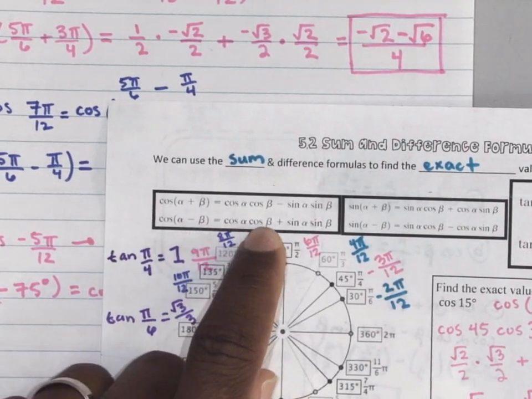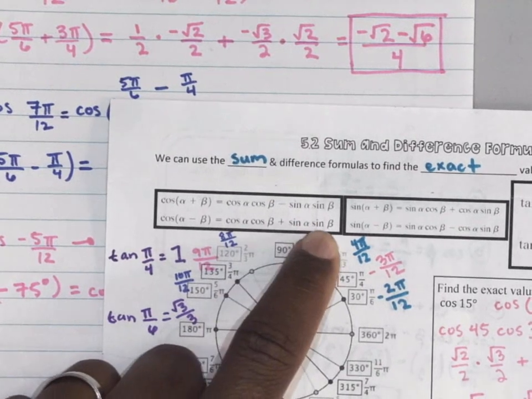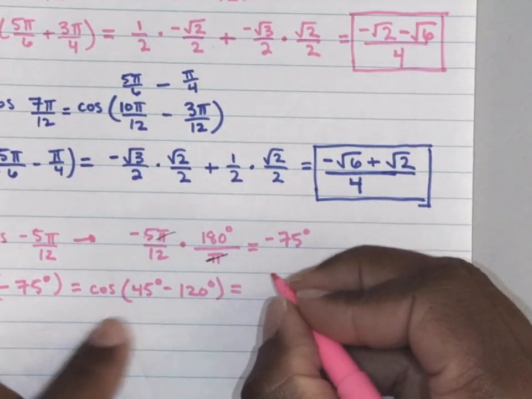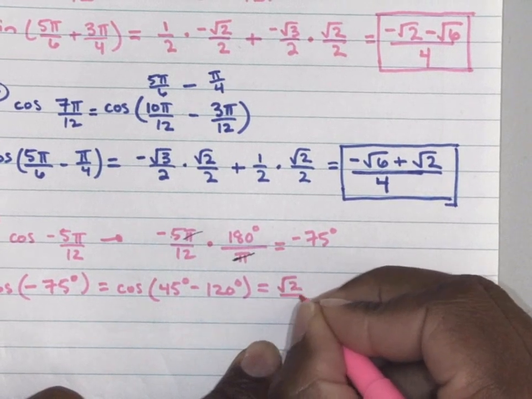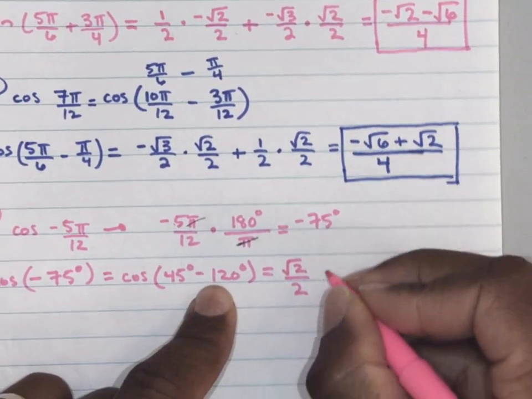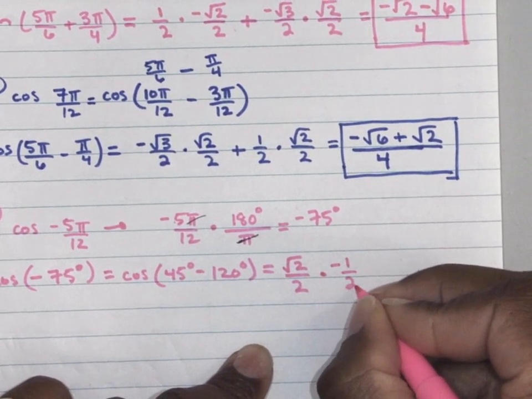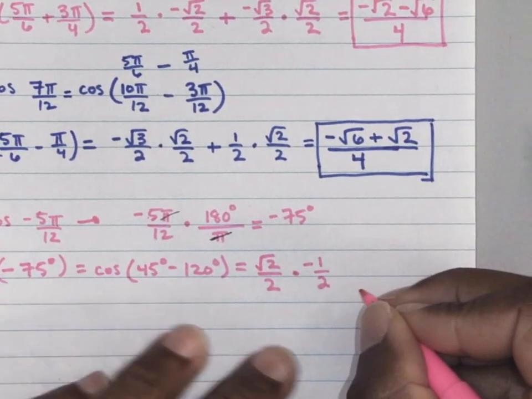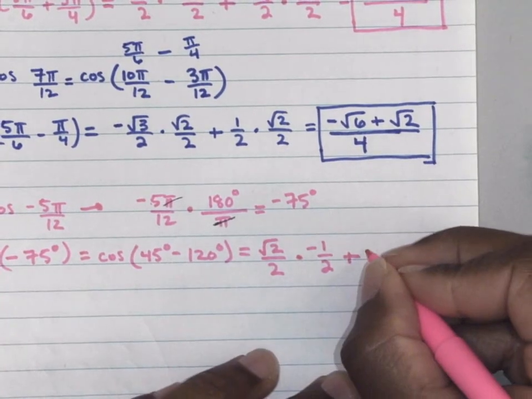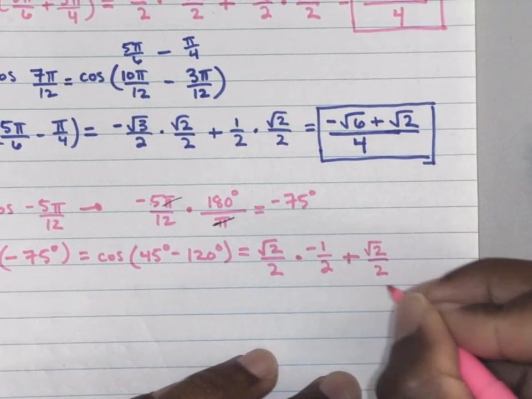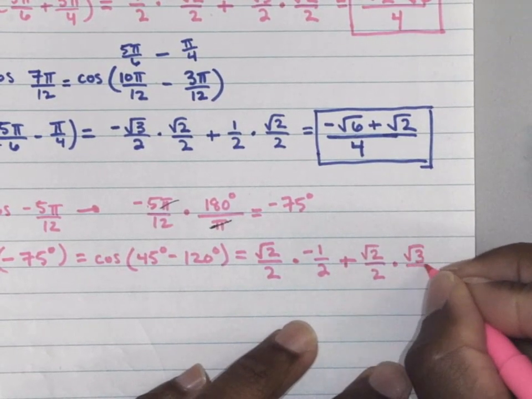So cosine A times cosine B plus sine of the first angle times sine of the second angle. My cosines first. Cosine of 45 is root 2 over 2. Cosine of 120 is negative 1/2. And then I'm just following the formula. So it's plus sine of 45, it's root 2 over 2, times sine of 120 is positive root 3 over 2.